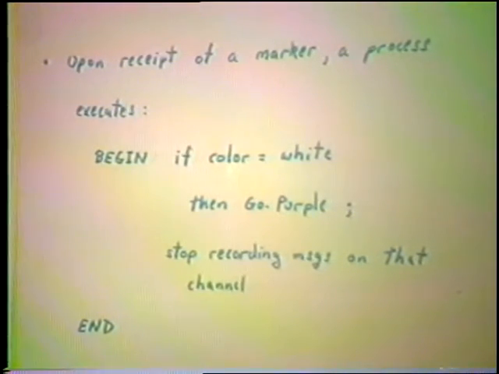Okay, now the algorithm is finished when every process is purple and has stopped recording on all its incoming channels. And another 30-second theorem says that implies that there aren't going to be any more marker messages in transit.